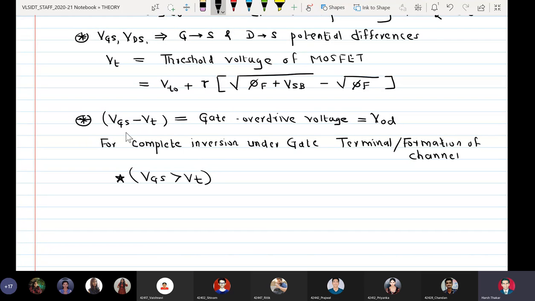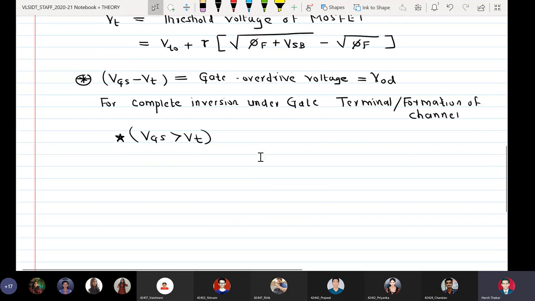So this difference VGS minus VT tells us how much is VGS in excess of VT. Okay, so that is what is called as gate overdrive voltage.